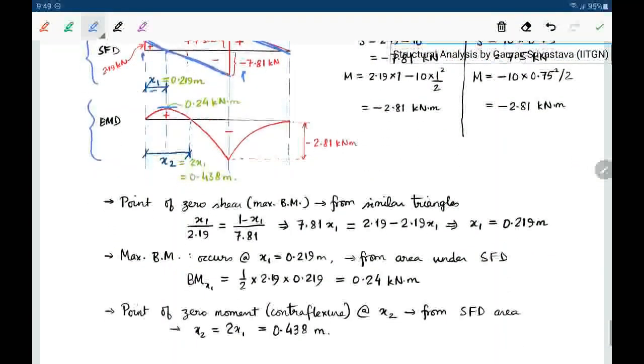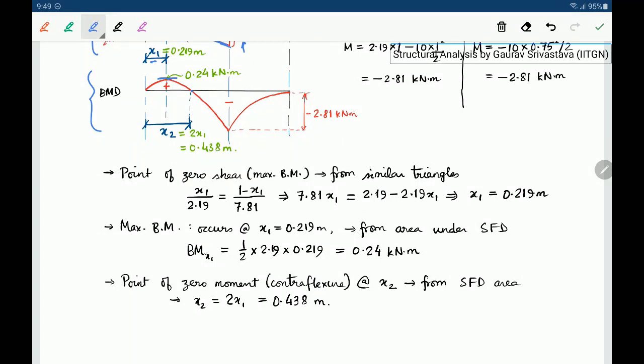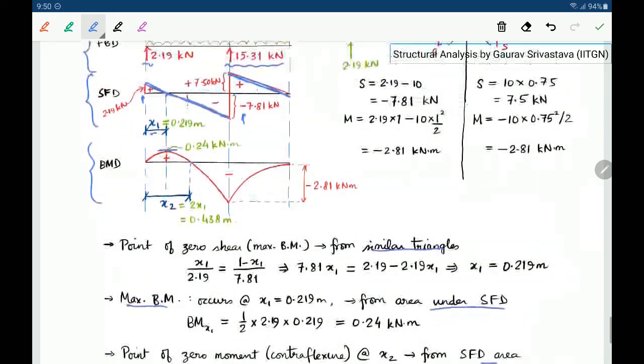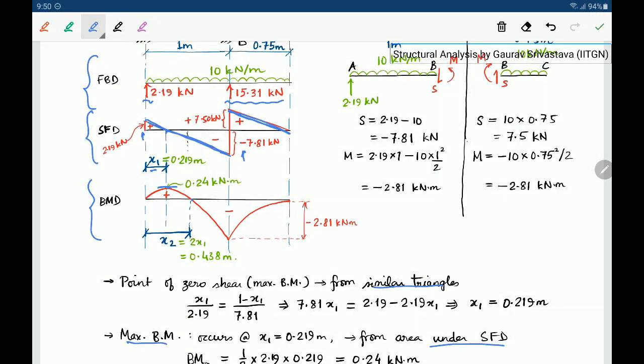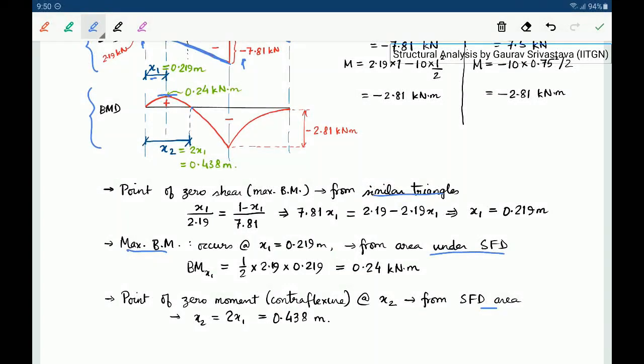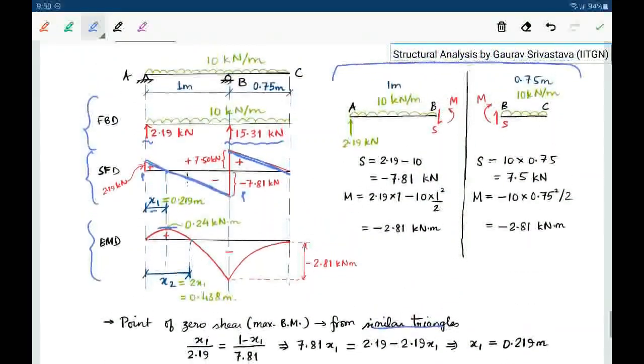These calculations are very simple: the point of zero shear can be calculated from similar triangles, the maximum bending moment from the area under the SFD, and the point of zero moment, the contraflexure point, from the shear force area. So the relations between shear and bending moment diagrams become very important, and they are very handy in quickly making the shear force and bending moment diagrams for different types of problems.